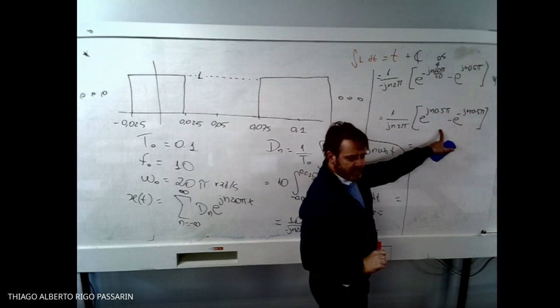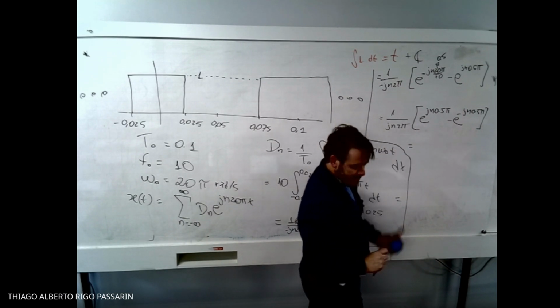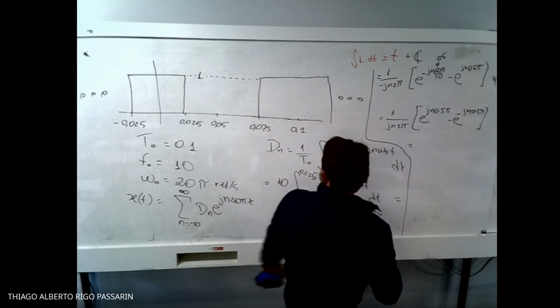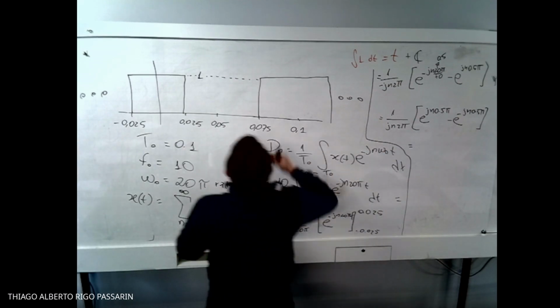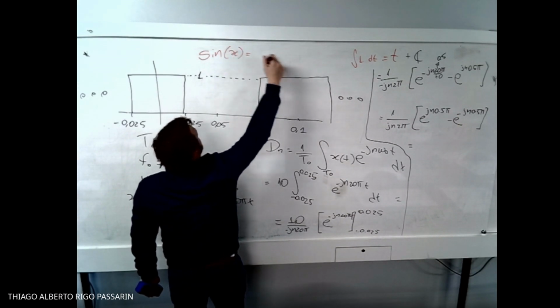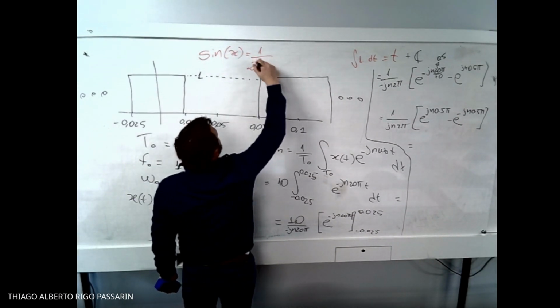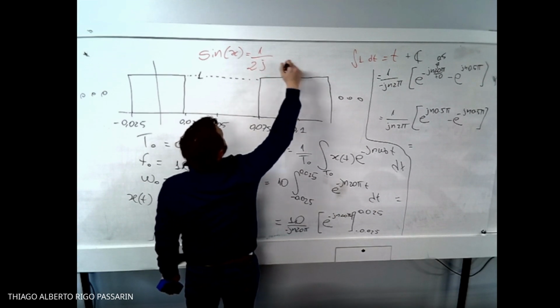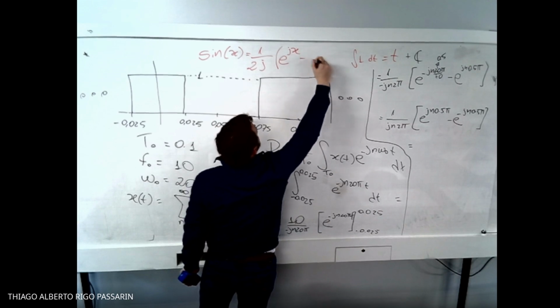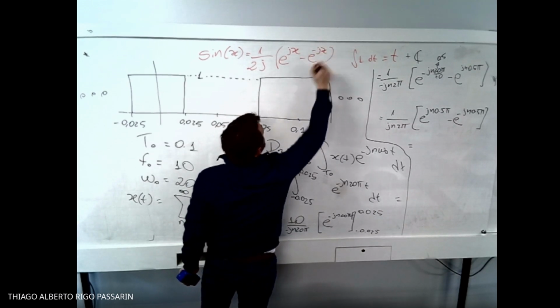Do you know this from somewhere? Sine or cosine. That's a sine, when I have minus. The sine of x can be decomposed as e to the jx minus e to the minus jx, over 2j.